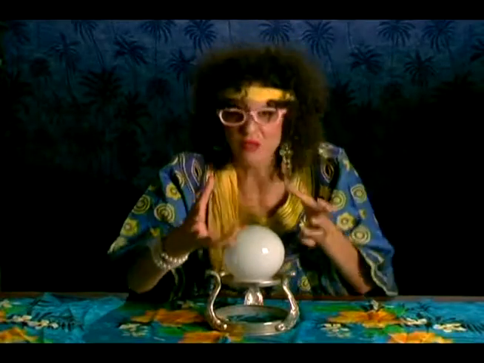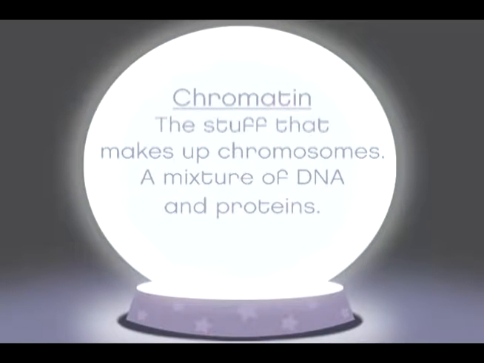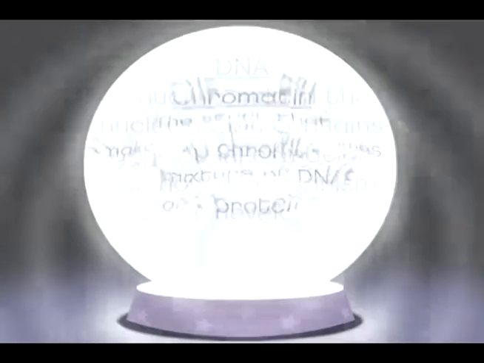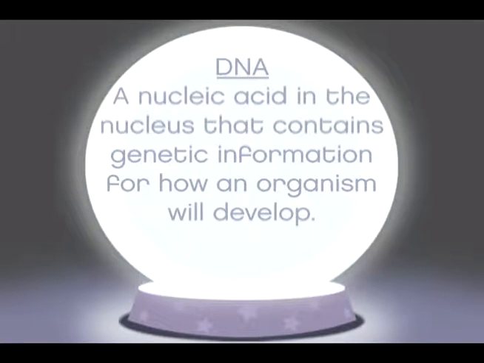Stay with me, travelers. The transmissions are flowing strong. Just let them wash over you. Chromatin is the stuff that makes up chromosomes. It's a mixture of DNA and proteins. DNA, let's not forget, is a nucleic acid in the nucleus that contains genetic information or instructions for how an organism will develop.